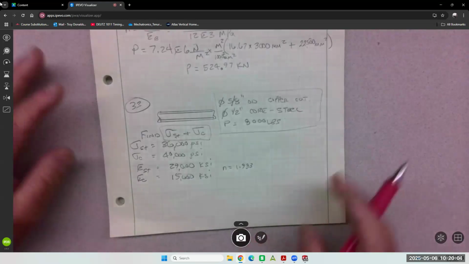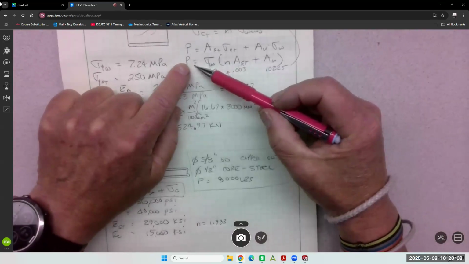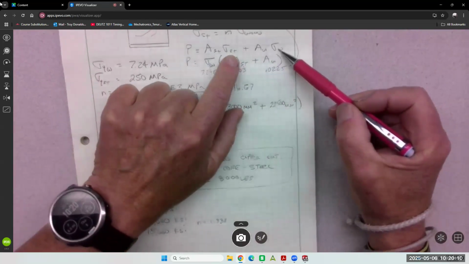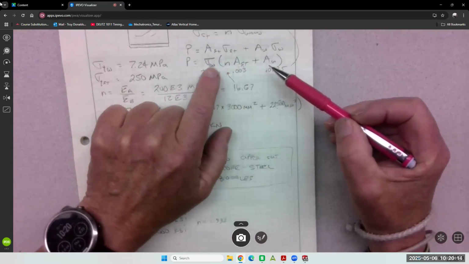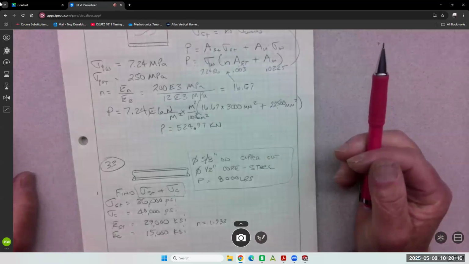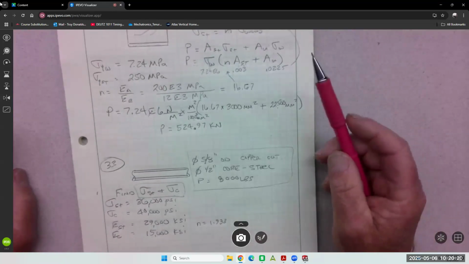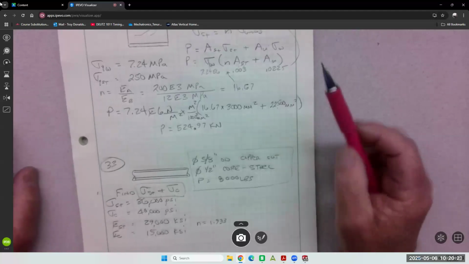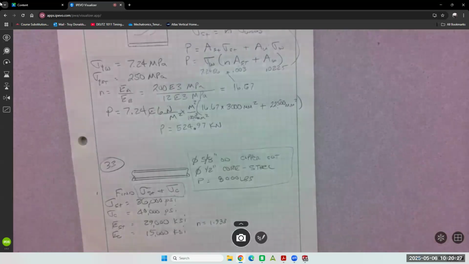Yeah, so we can set P to 8,000, right? But these are going to be unknowns. And this is going to be unknown. But we can just find that by running another equation, right?